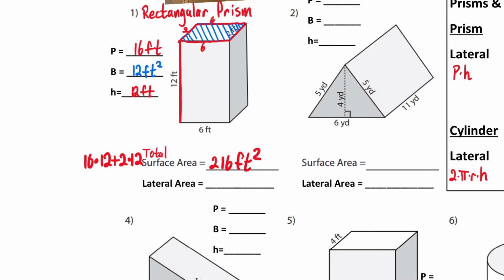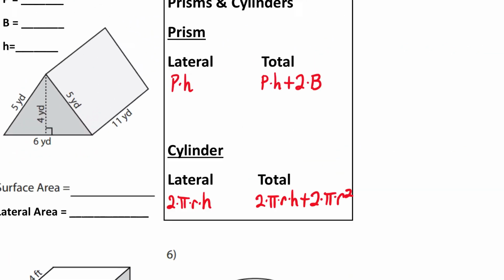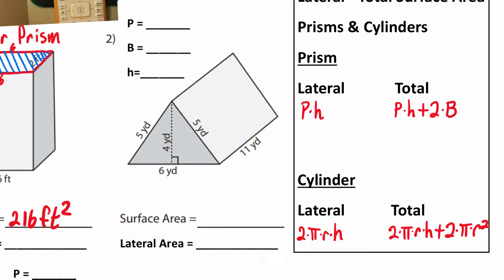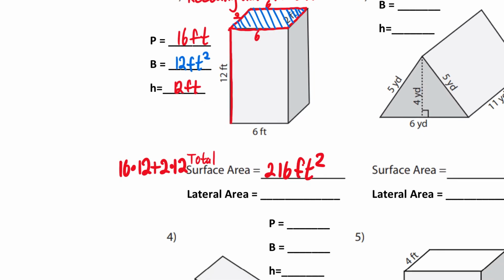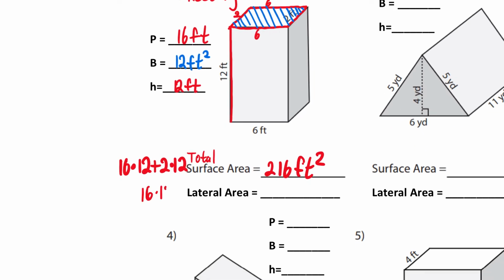Okay, now for lateral surface area, the formula right there for a prism is just P times H. So just 16 times 12. What does that give you? That's 192.